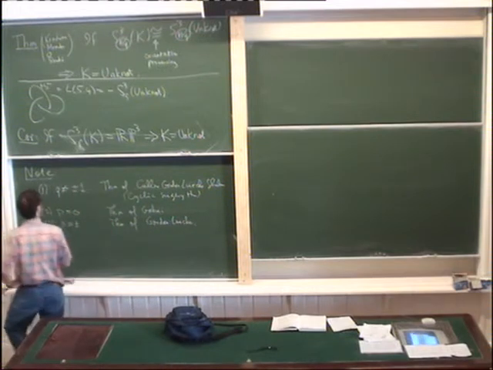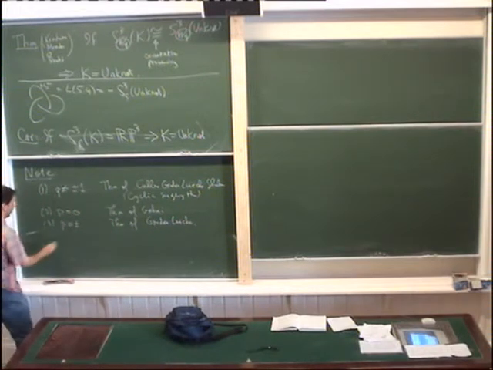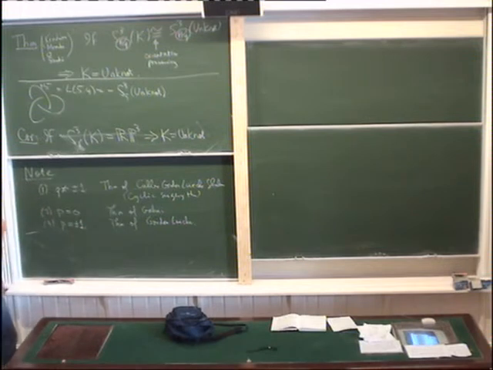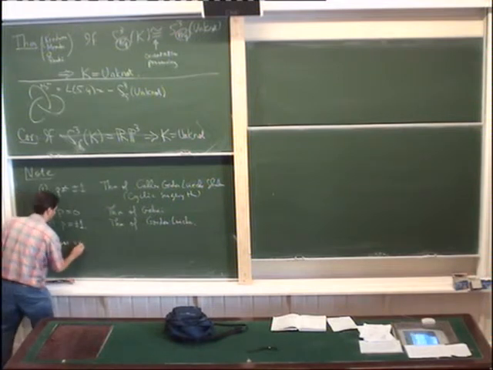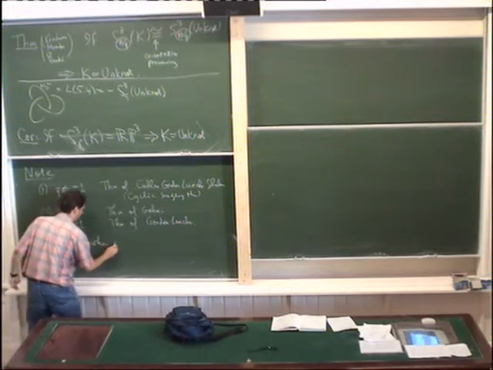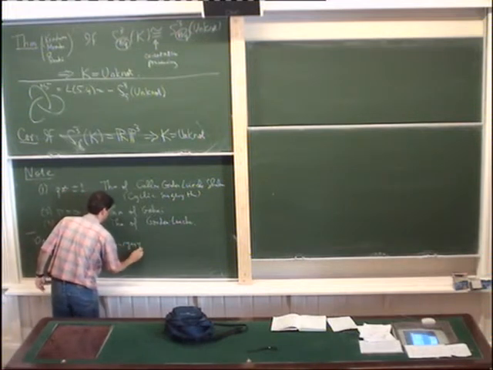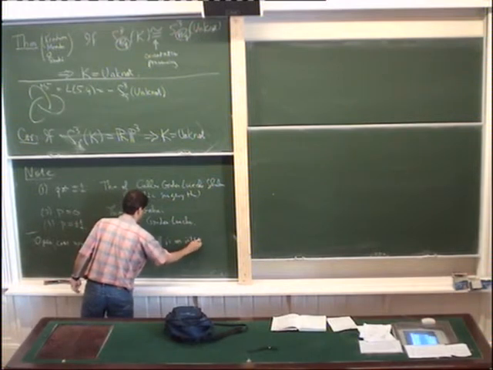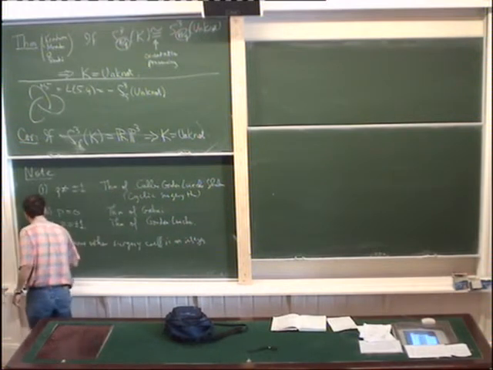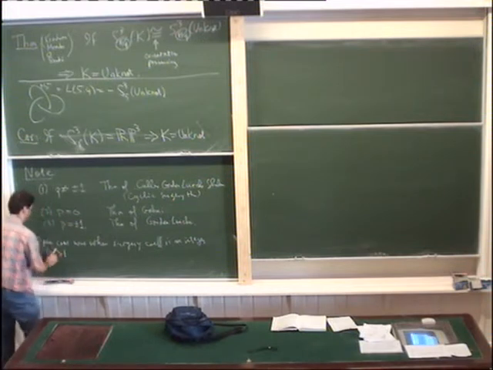So really, the remaining case that was open and needed to be solved was the case where the surgery coefficient is an integer which is bigger than 1 in absolute value.